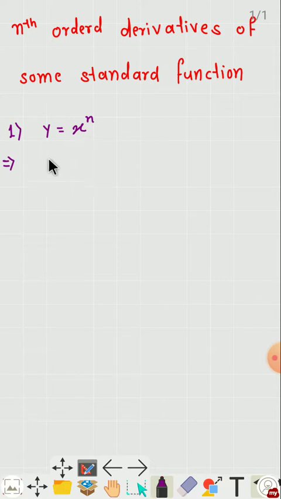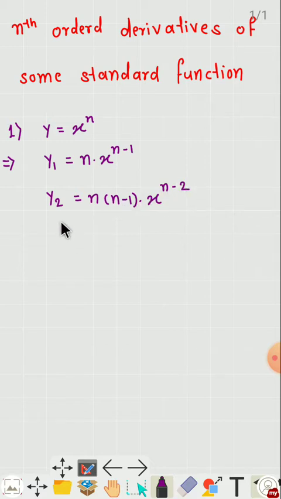So from this we find the first order derivative y1, which is nothing but n into x raised to the power n minus 1. This is the first order derivative y1. Now the second order derivative y2, the derivative of the first order derivative, is n into n minus 1 into x raised to the power n minus 2.